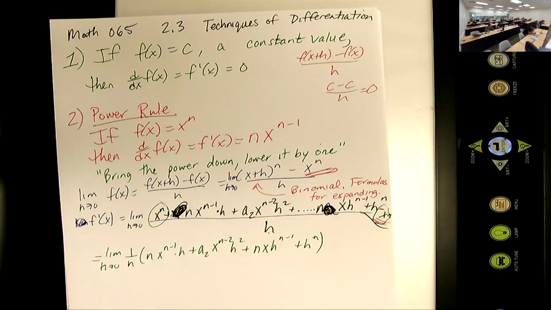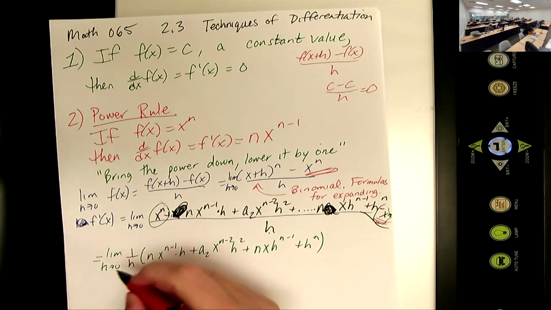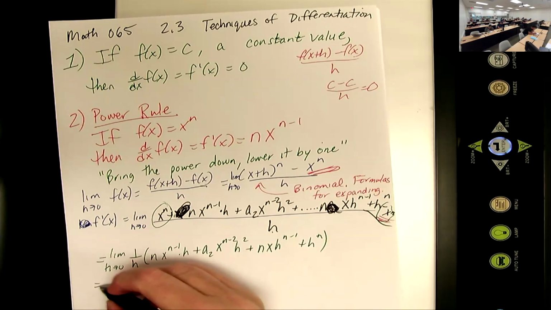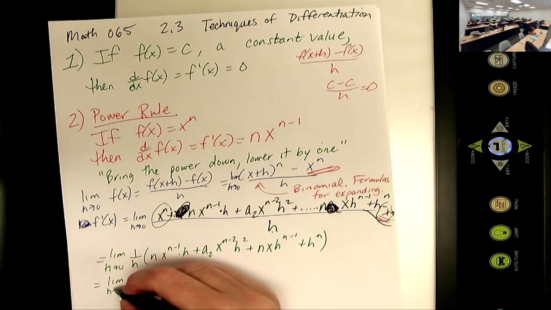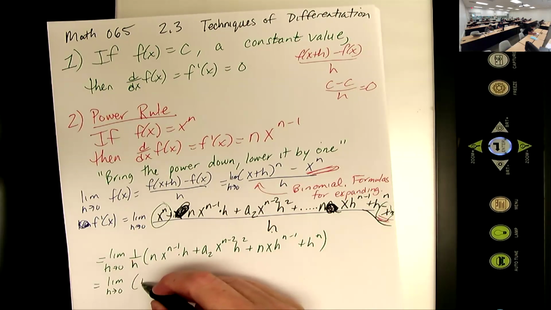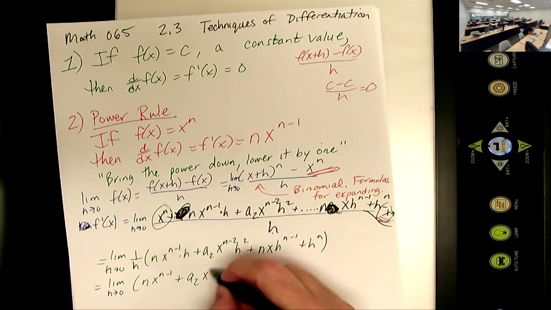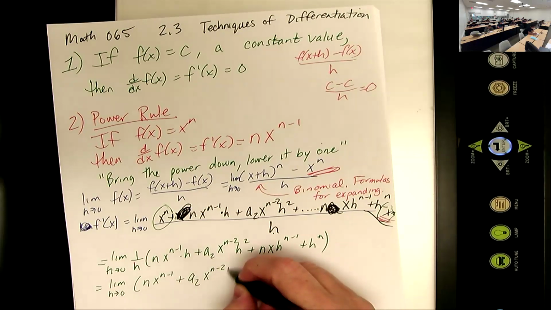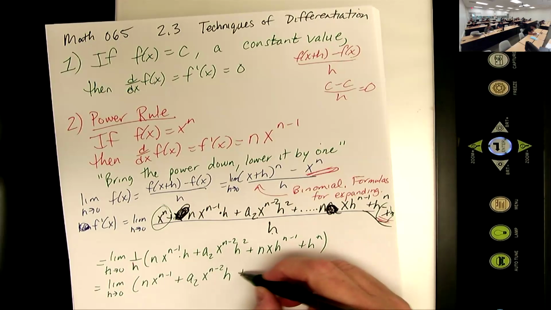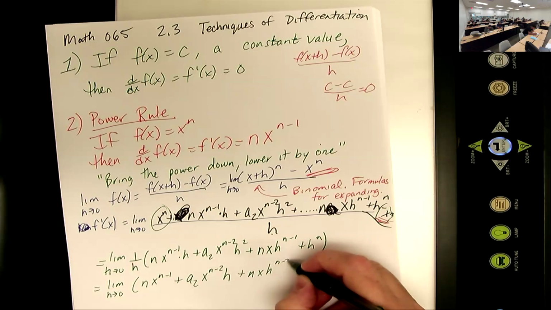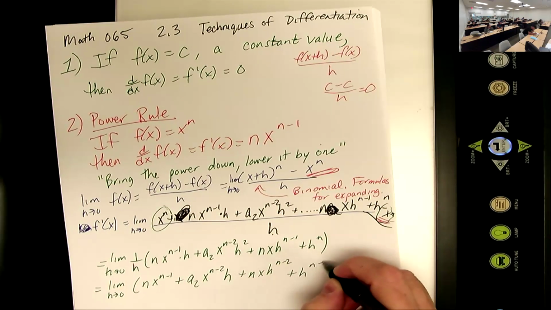And then we're going to multiply the 1/h in. That goes down a power, and that goes down a power, and that goes down a power.